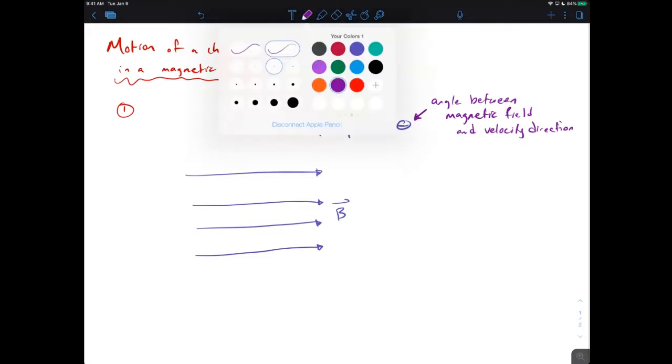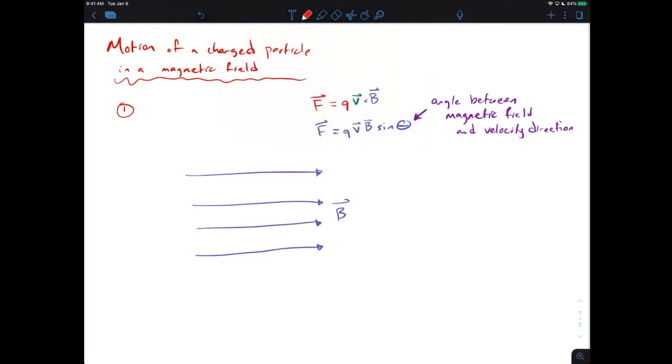So let's say I have a positive charge, okay, and it's moving in the same direction as my magnetic field. In this case, the angle between them is 0. So there's no force, right? So here, there's no force.